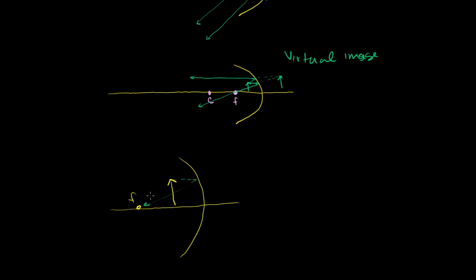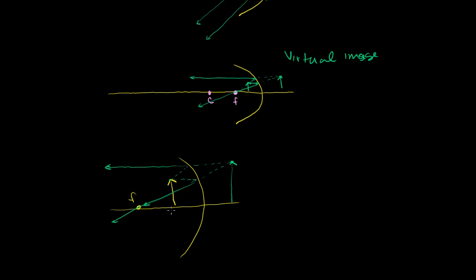And then something that looks like it would have come from the focal point, from the same direction as the focal point, would then be reflected parallel to the principal axis. So these two rays, once again, are diverging, but to the human eye, they look like they came from that point over there. And so this would correspond to that point on the virtual image.